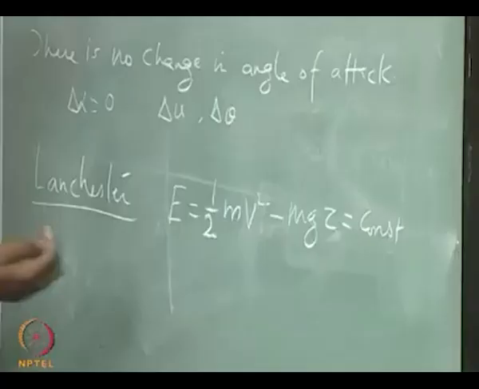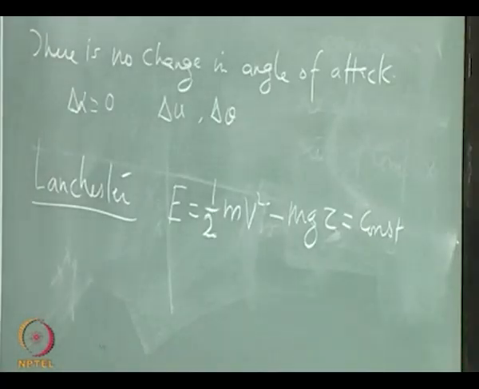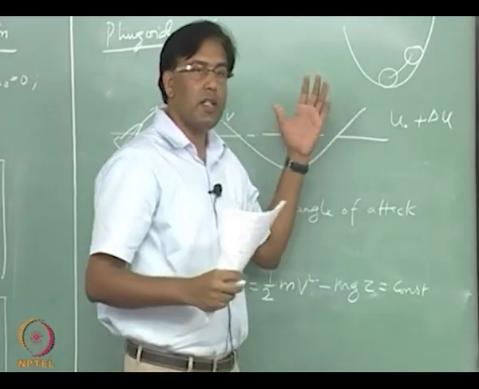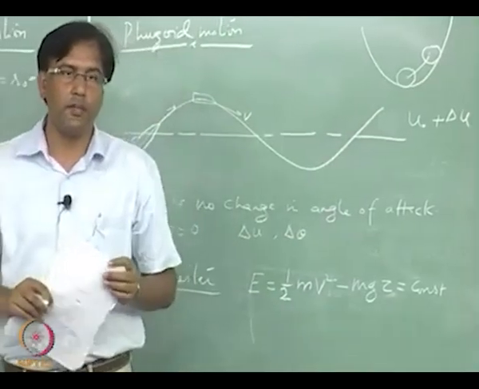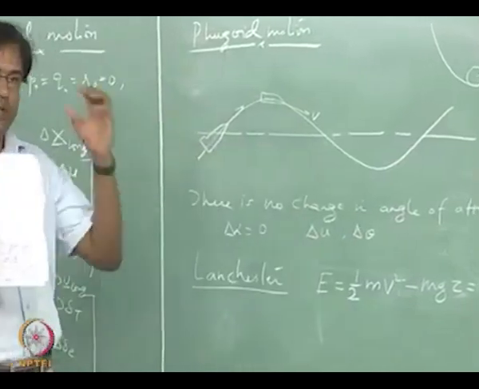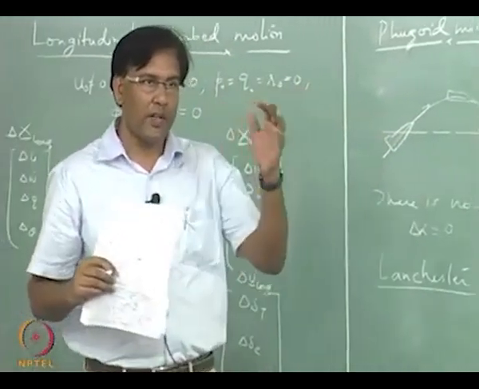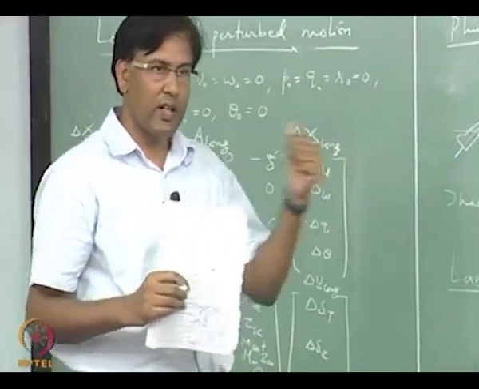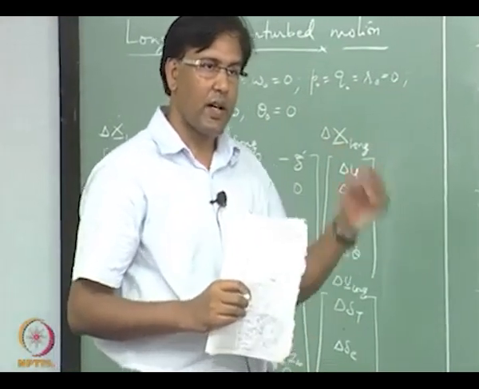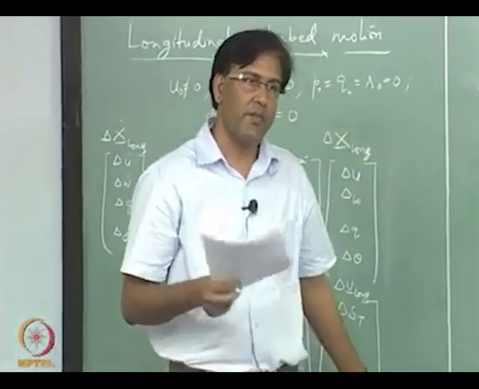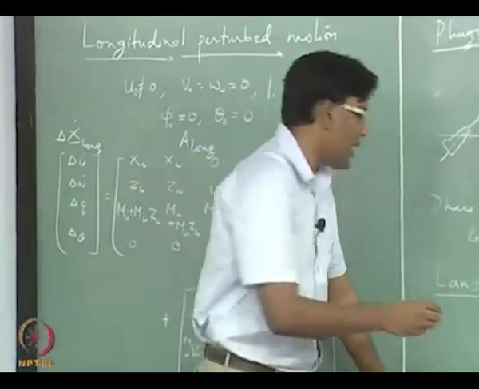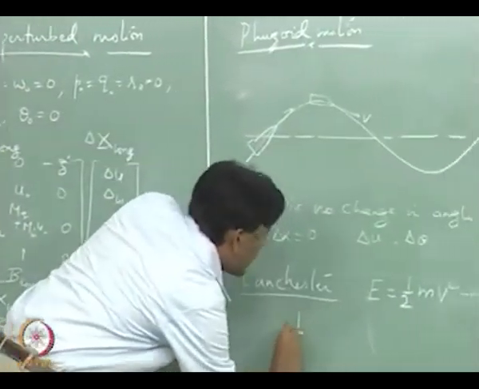So finally, when the disturbance is being killed, you are actually trying to come down to the initial energy level, which was, you have a forward speed. So kinetic energy at the equilibrium condition is half m u naught squared, and it will be flying at some height.